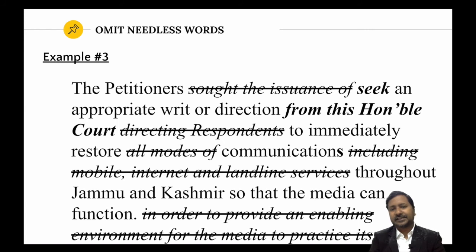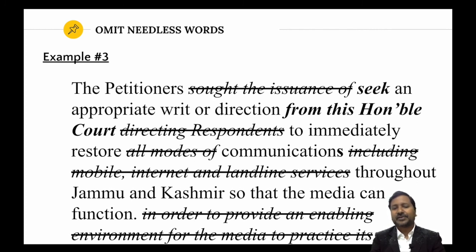So this information, which was hidden in the previous example, we make explicit. The petitioners seek an appropriate writ or direction from this honorable court to immediately restore communications, inclusive of all communications, throughout Jammu and Kashmir, so that the media can function.